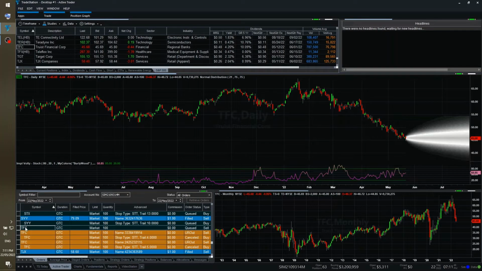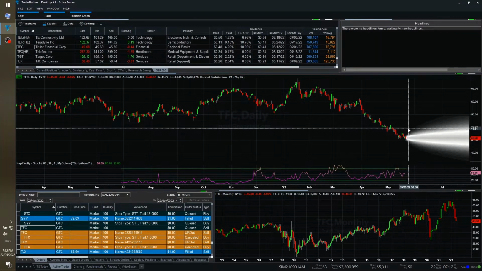So the reason why this method is unsafe is because you will take unlimited loss. When the price of the stock goes up instead of down, it can go up unlimited.